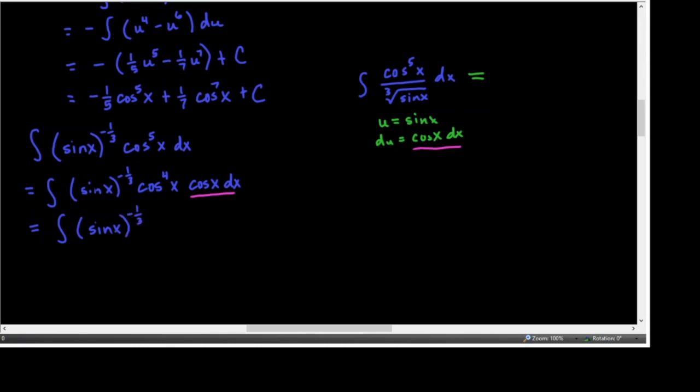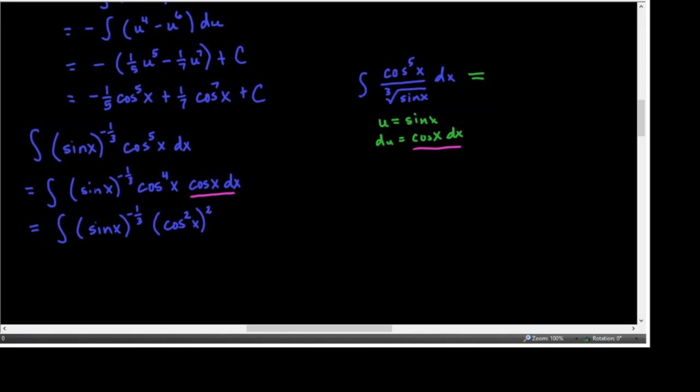Okay, so cosine to the 4th, we need to get rid of that cosine to the 4th and rewrite it in terms of sine. So one thing you can do with even powers is you can rewrite that as cosine squared raised to some power. And remember, powers on powers you multiply. So what would you multiply by that 2 to get 4?